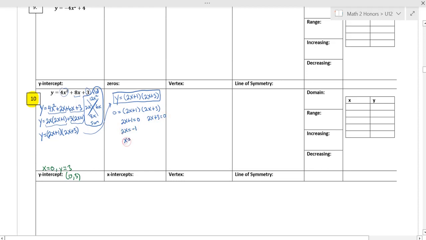And we get x is negative 1 half, and x is equal to negative 3 over 2. So my x-intercepts, got two of them: negative 1 half, 0, and the other one is negative 3 over 2, 0.